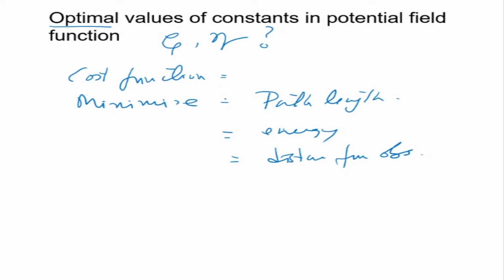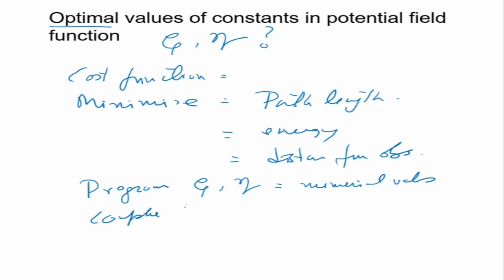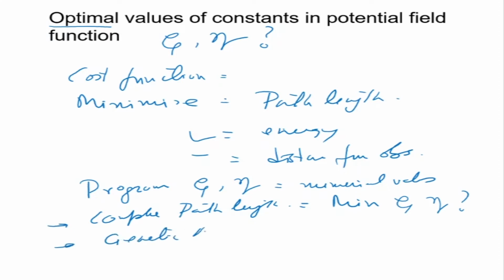What we basically do is write a program which varies eta and zeta for different numerical values, computes the path length, or maybe energy, or maybe distance from the obstacle, and then sees which is the minimum case, so which is the minimum zeta and minimum eta. You can use standard optimization like genetic algorithms. Genetic algorithms can vary eta and zeta, and we can have a cost function to be minimized, which can be the path length.